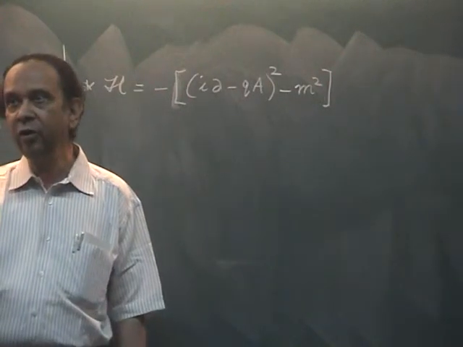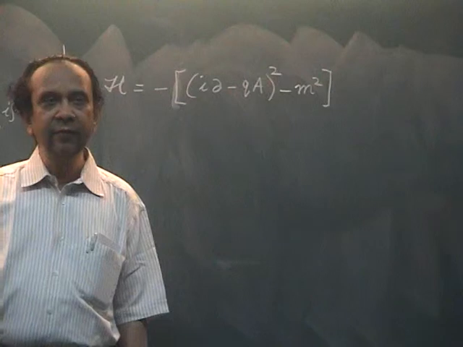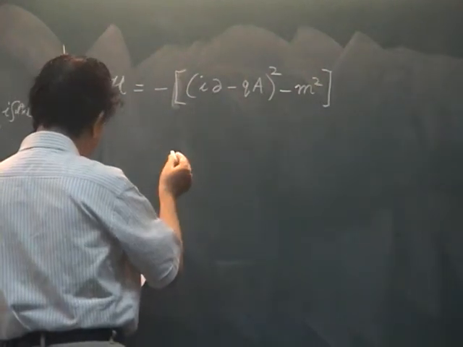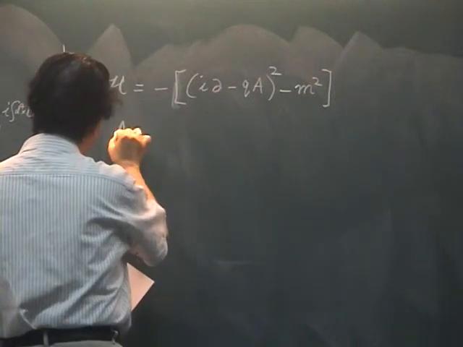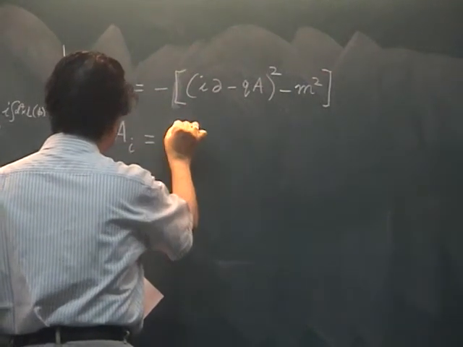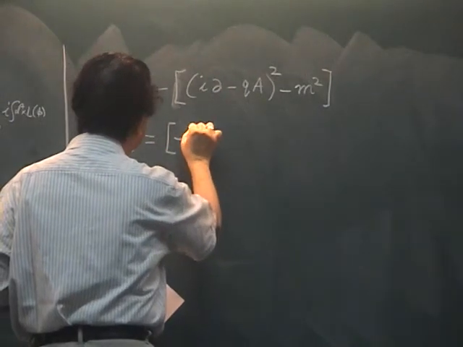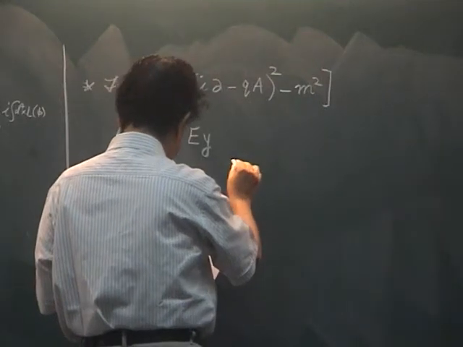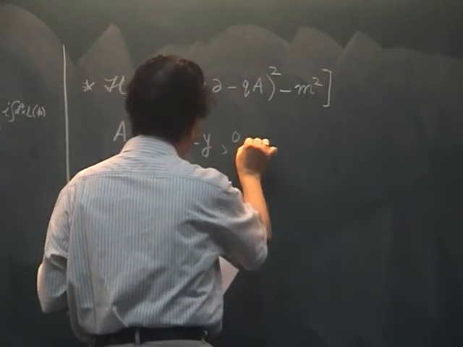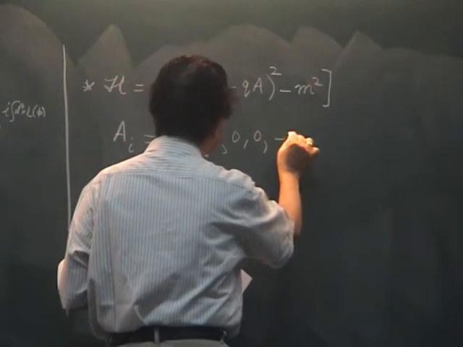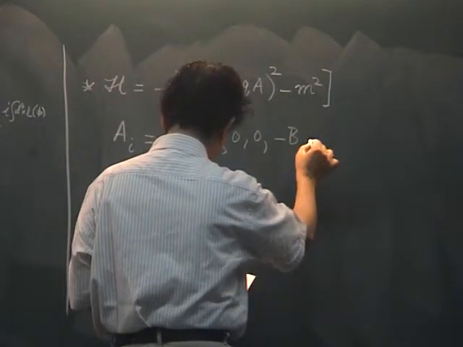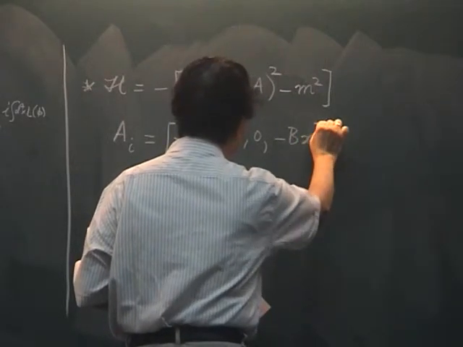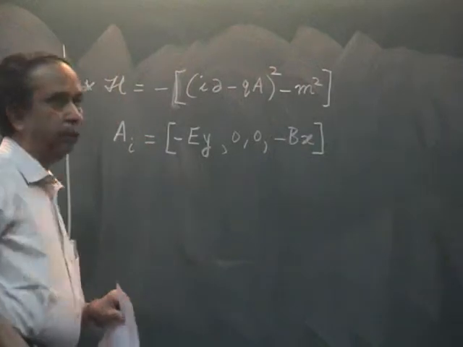So in order to do that, we want to choose a frame in which you can write down the explicit form for A_i. We will take A_i to be (minus E y, 0, 0, minus B x). Okay.